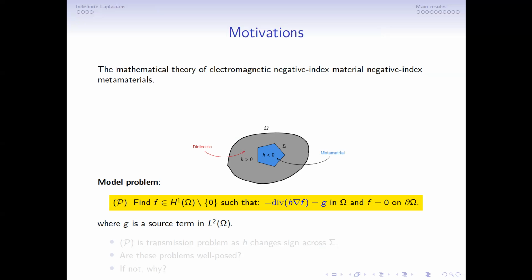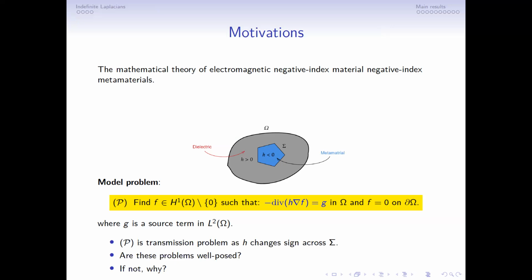So because of this sign changing of this function h that we have here, in fact, we will see that this is actually a transmission problem along this hypersurface sigma, because of this change, of course. And the question that we ask: is this problem well posed? And if it is not, why?